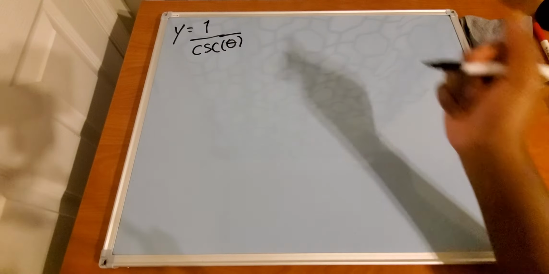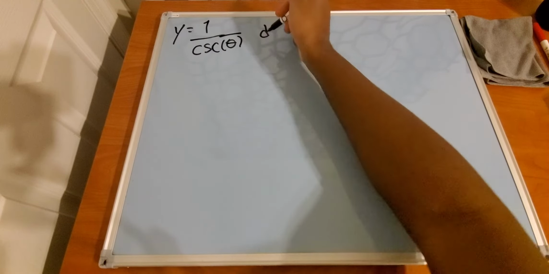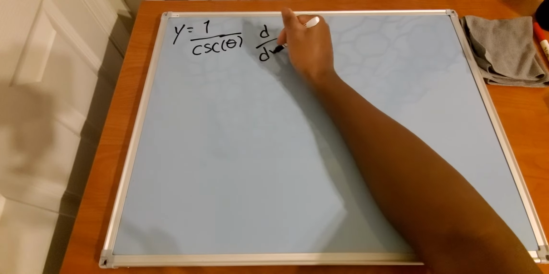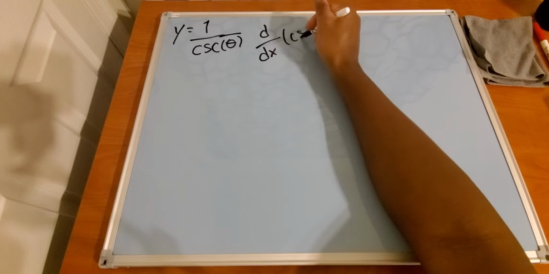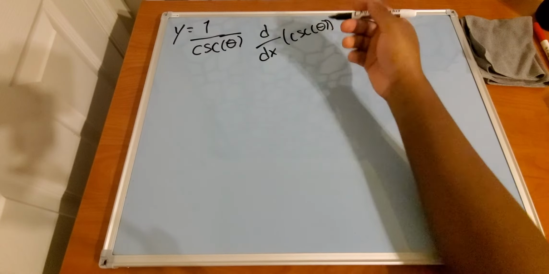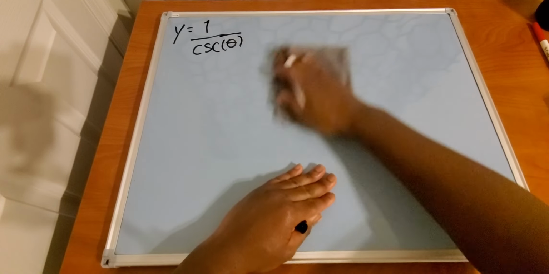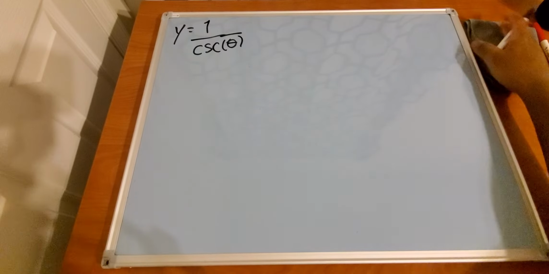This question is actually really straightforward if you know what the derivative of cosecant theta is. If you don't, you get kind of stuck. If I was on a test and I didn't know it, I'd just say the derivative with respect to x of cosecant theta. This is right, but it's not the derivative. So you'll lose points, but who knows? Maybe your professor will be nice and give you a little bit of points on that.